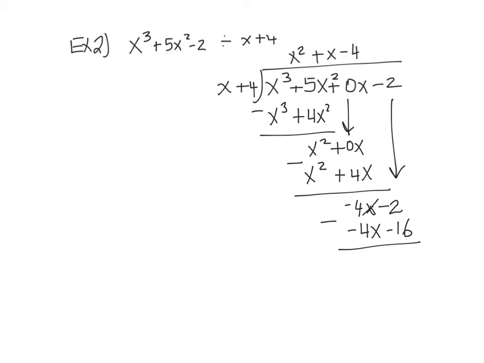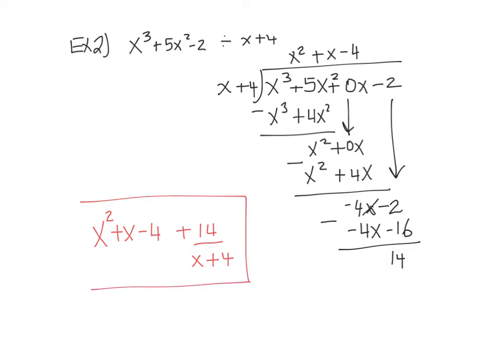And then negative 2 minus negative 16, I get 14. So my answer becomes x squared plus x minus 4. And I'm going to write my answer in this form, plus 14 over x plus 4, because that's my remainder. Okay.